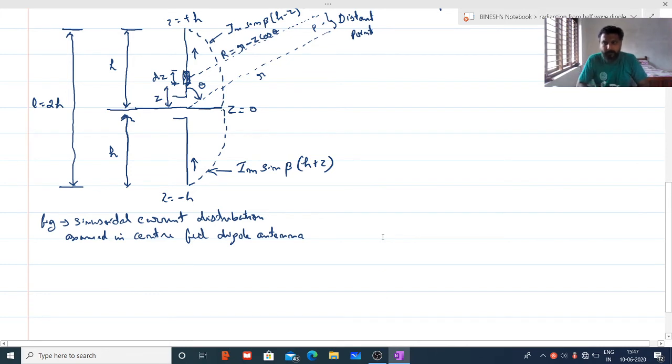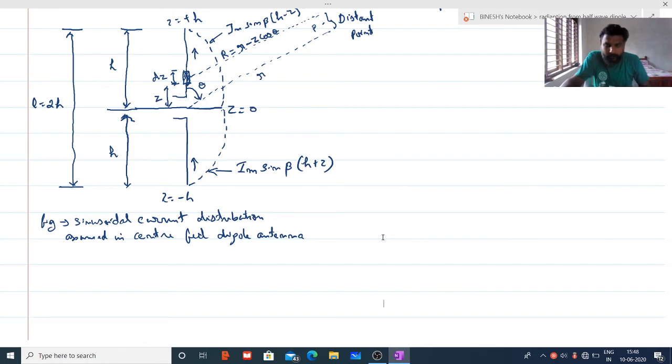So the dipole is usually fed at the center, having maximum current at the center, that is maximum radiation in the plane normal to the axis. The overall specified length, what we have indicated here, is L equal to 2h, and the vertical antenna of height L by 2, which is h, is fed against an infinitely large perfectly conducting plane having the same characteristics above the plane as the dipole antenna of length L equal to 2h in free space.